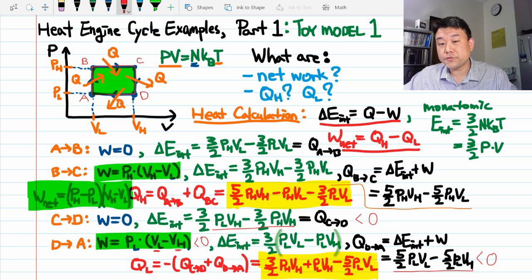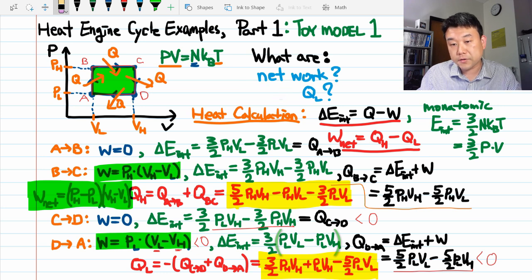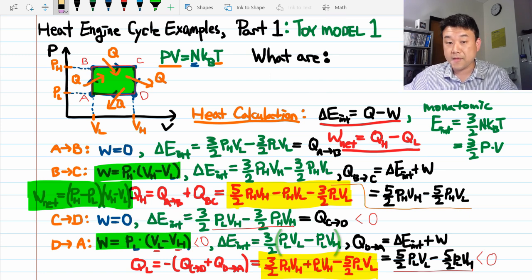What I want to do is a bit more interesting. I want to help you start developing some number sense for these thermodynamic problems, which is also going to be important when we start talking about efficiency and the second law of thermodynamics. So let me assign some reasonable numbers for the pressure and volume.